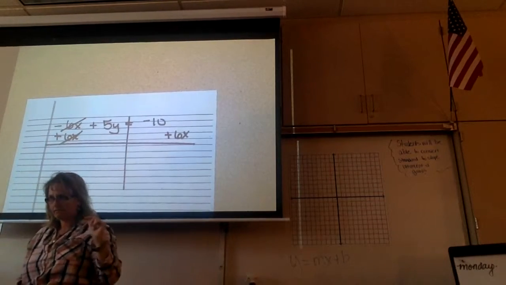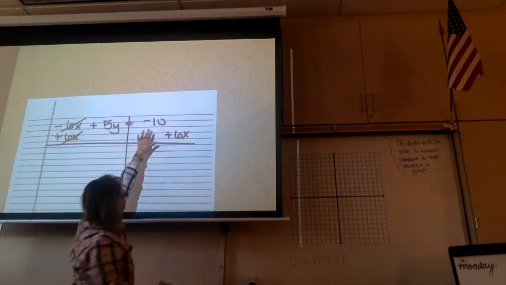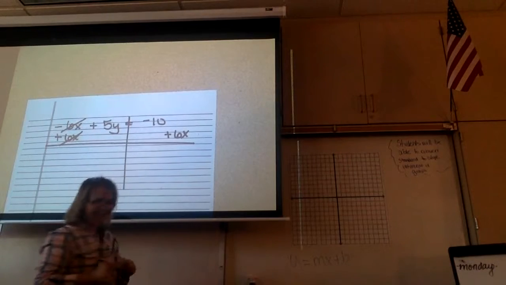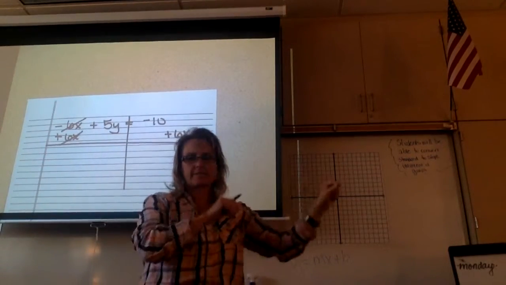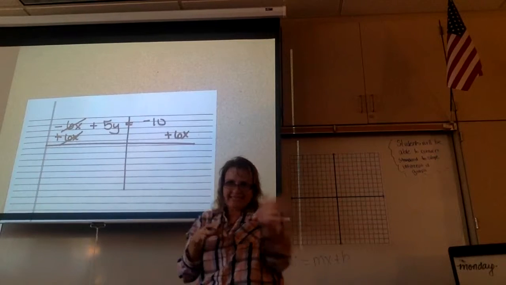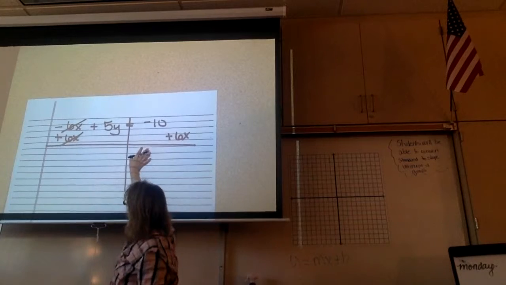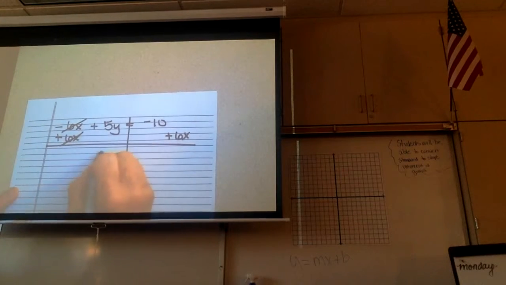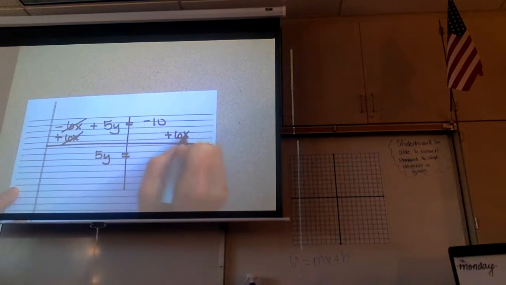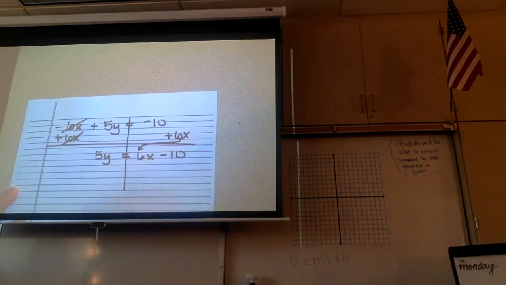Now, it's very tempting to just bring this down, negative 10 plus 6x. But remember, I want to have y equals mx plus b. So I want my x term to sneak up into the front seat. So I have 5y equals, move this guy to the front, 6x minus 10.